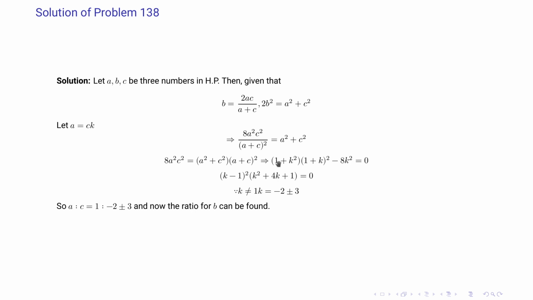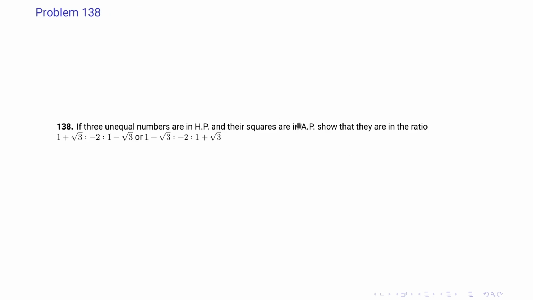Now this is an equation of K with maximum power 4. That means it will have 4 roots. Now if you observe carefully, one of the cases satisfied is that K is equal to 1, in the sense that if three numbers are equal, then their squares will be in AP.